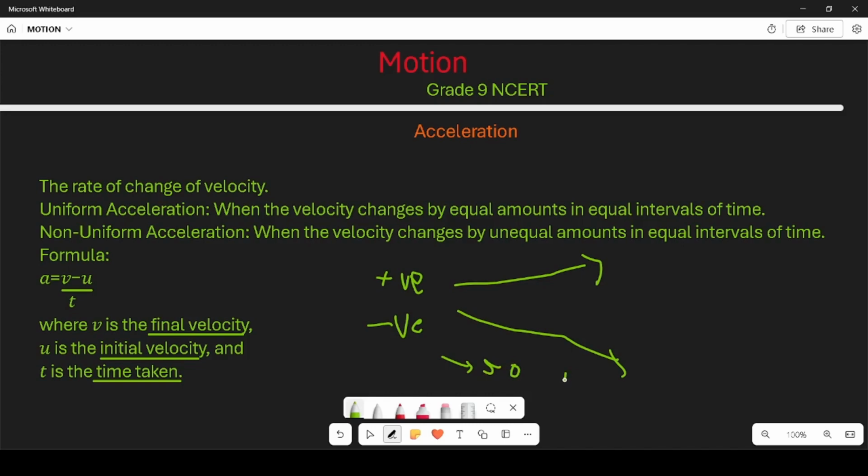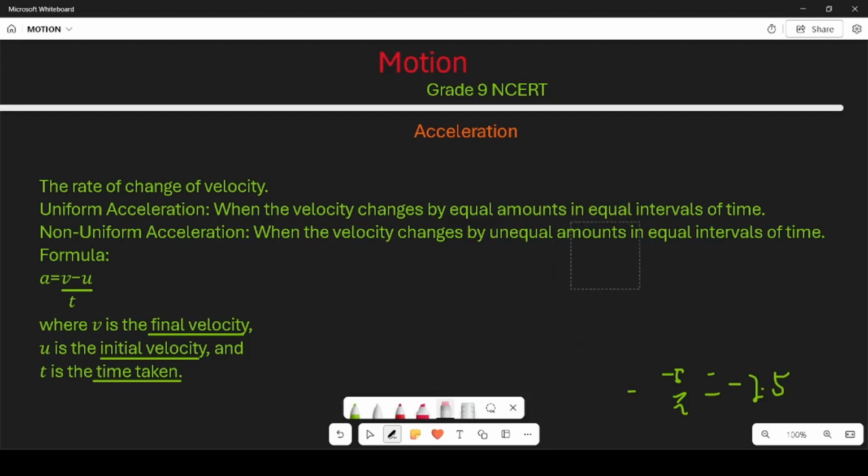Then it would be 0 minus 5 upon 2, that would be minus 5 upon 2, and the answer would be minus 2.5. This is deceleration or retardation. You learn about that in your higher classes. For now, just know this.